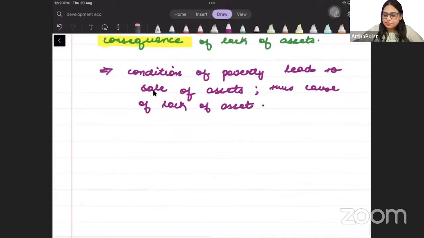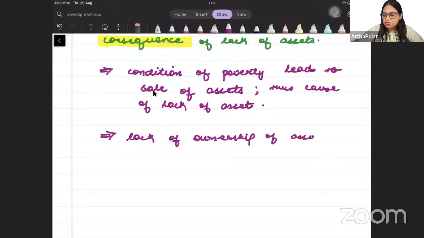And then lack of ownership of asset leads to poverty. So those who don't have assets will automatically be poor, right?